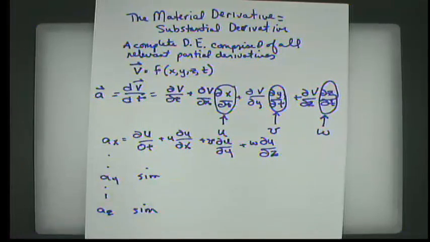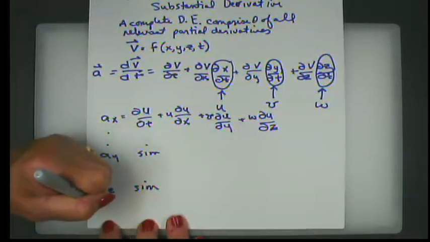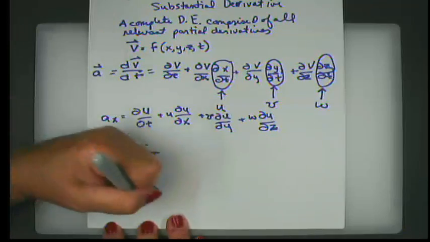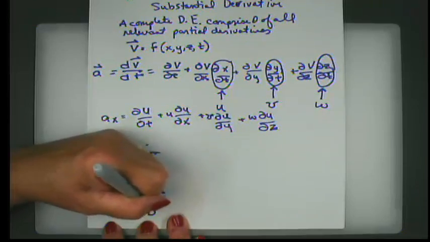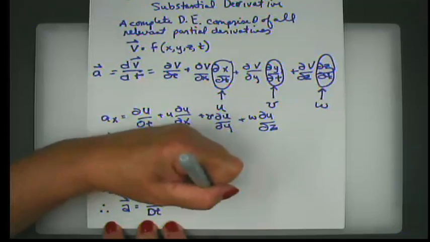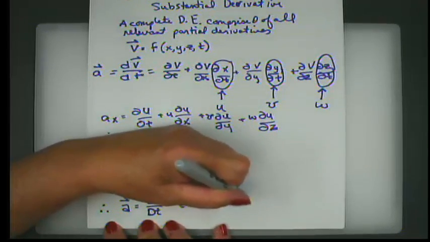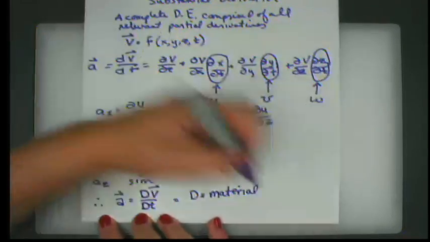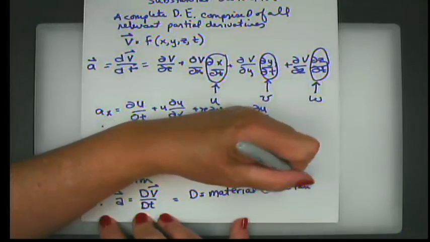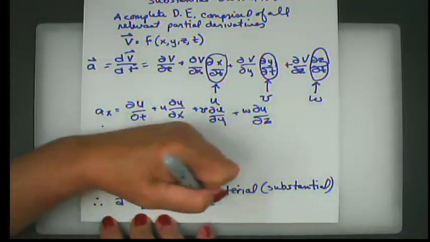All right. So when we look at that, we can then use this definition. We can say A then, that would be the vector, is equal to capital D vector V, capital D T, where the D operator means the material or substantial or substantive, sometimes it's called, derivative.